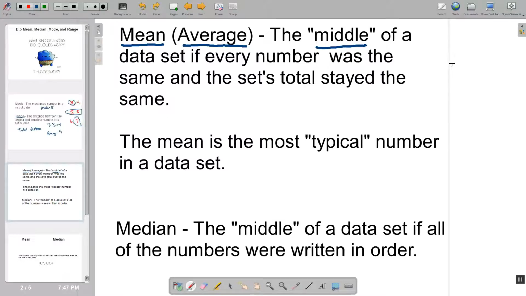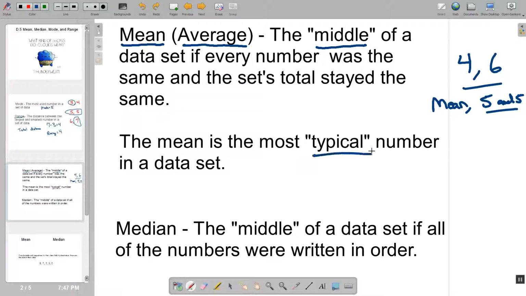So let's say we had 2 players who shot baskets, and one of those players made 4 baskets, and one of those players made 6. The mean, or the average, would be that each player made the same number of baskets, and the total stayed the same. Well, the total here is 10, and there are 2 players, so you would do 5 and 5. So the mean of this set would be 5.